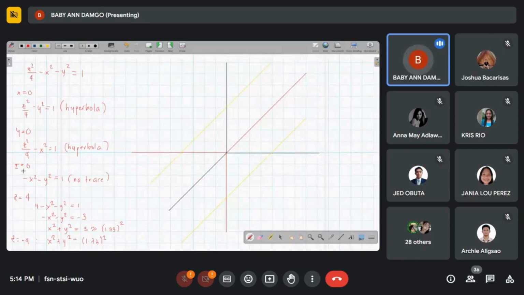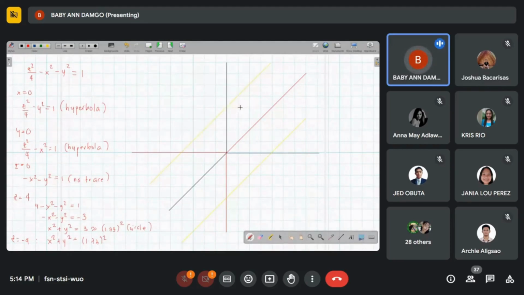When z equals 0, there is no value here. When z is 4, we have 1.73 for the radius. This is of the form of a circle with radius 1.73.